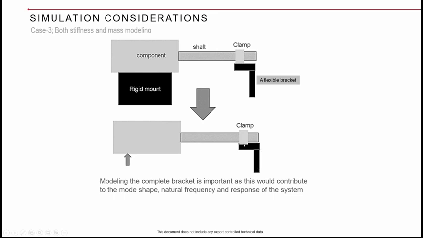You cannot just consider the stiffness element here. Along with that, the bracket frequencies, with the shaft dynamically interacting with the bracket stiffness and the distributed bracket mass, will play an overall role in the system frequencies. So in this case, this flexible bracket should be sufficient to capture. These are the kinds of questions we pose: is my simplification adequate, or do I need to capture something in detail?